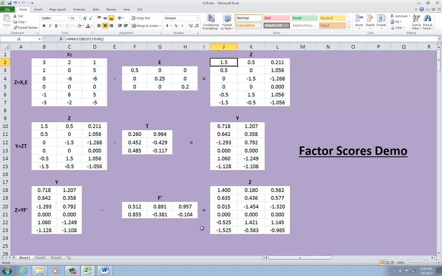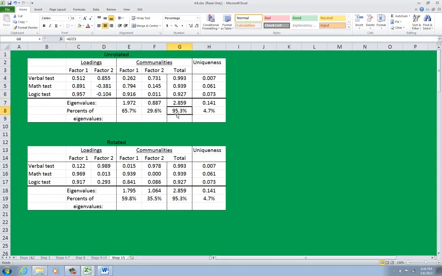Now if we go back to the factor analysis summary table that we did in video 4.8, where I went to get these factor loadings, this factor analysis only accounts for 95.3% of the variance in the original data. So the factor scores are therefore only approximate.